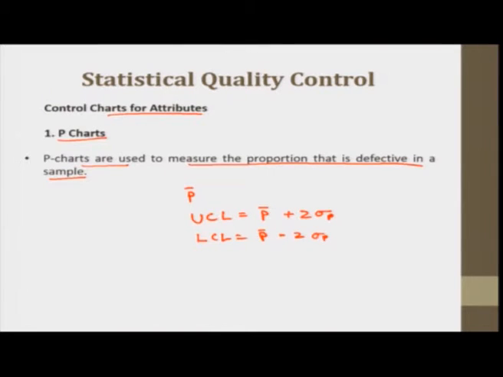What is sigma here? What is the standard deviation? p bar is my sample proportion defective. z is a standard normal deviate and sigma p is the standard deviation of the average proportion defective, where the value of sigma p can be calculated as the square root of p bar into 1 minus p bar by n, where n is the sample size.